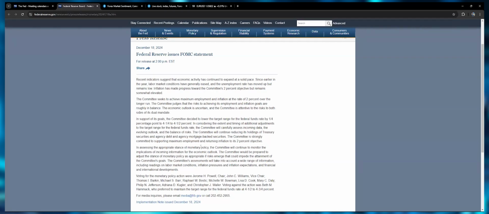In assessing the appropriate stance of monetary policy, the committee will continue to monitor the implications of incoming information for the economic outlook. The committee would be prepared to adjust the stance of monetary policy as appropriate if risks emerge that could impede the attainment of the committee's goals. The committee's assessments will take into account a wide range of information. This is very important. It's not the most important part, but it's one of the most important parts that we always need to have a look at.